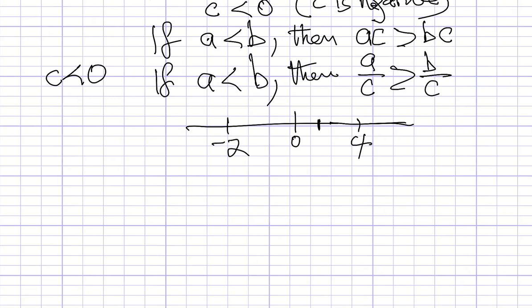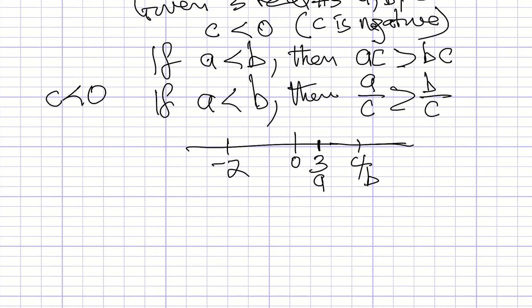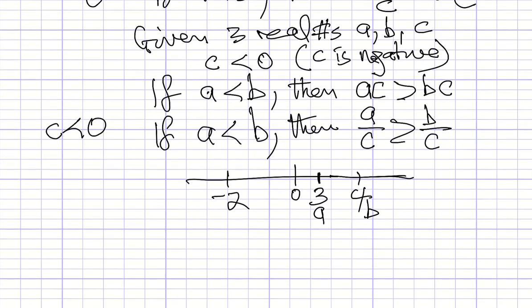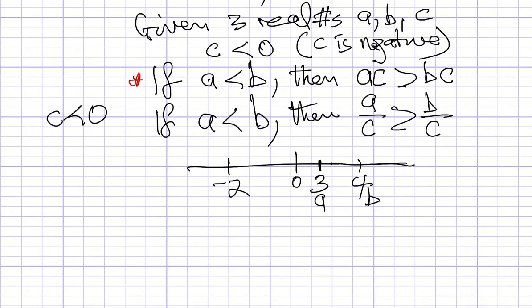Okay, let's introduce one more. Let's say this is 3 here. So this is A and this is B. Notice that 3 is less than 4. A is less than B, like they say here, because 3 is less than 4.